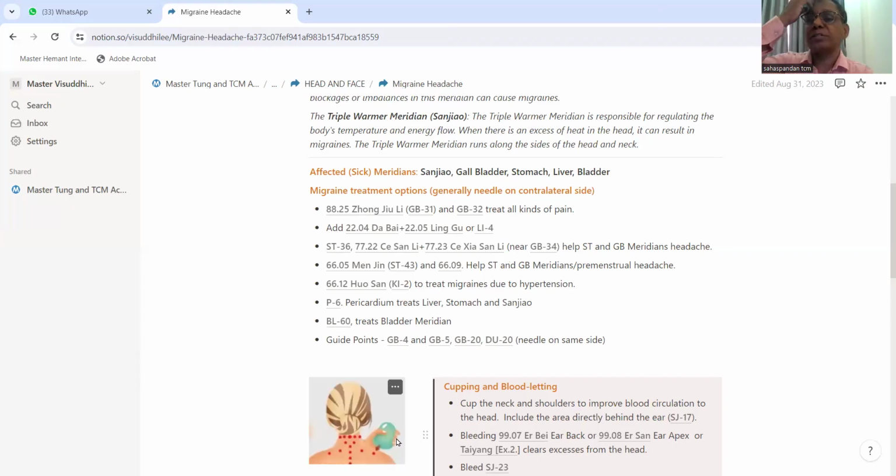And in case of headache on the stomach and gallbladder meridian pathway, use ST36 and 77.22, 77.23. So these three points you can needle.